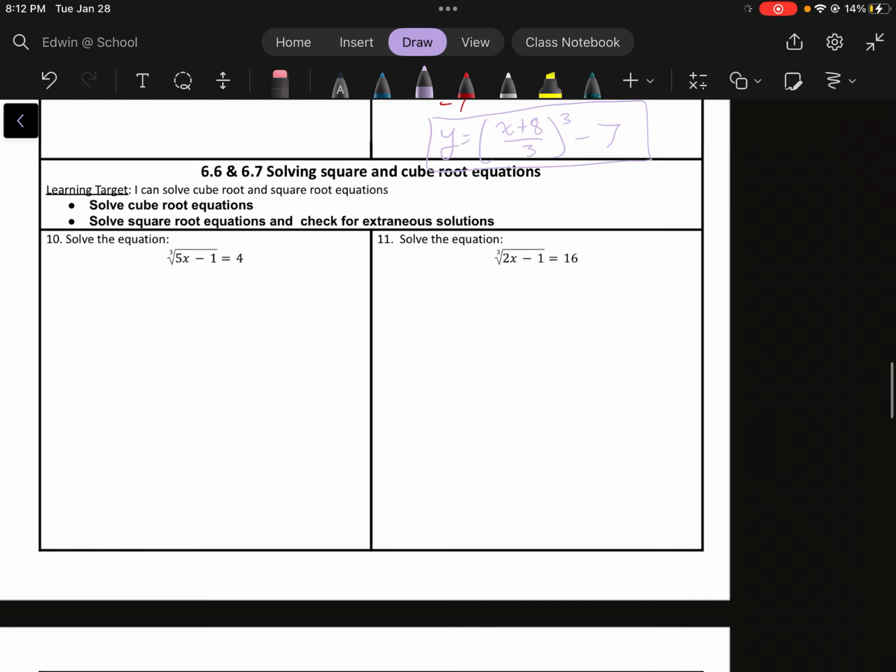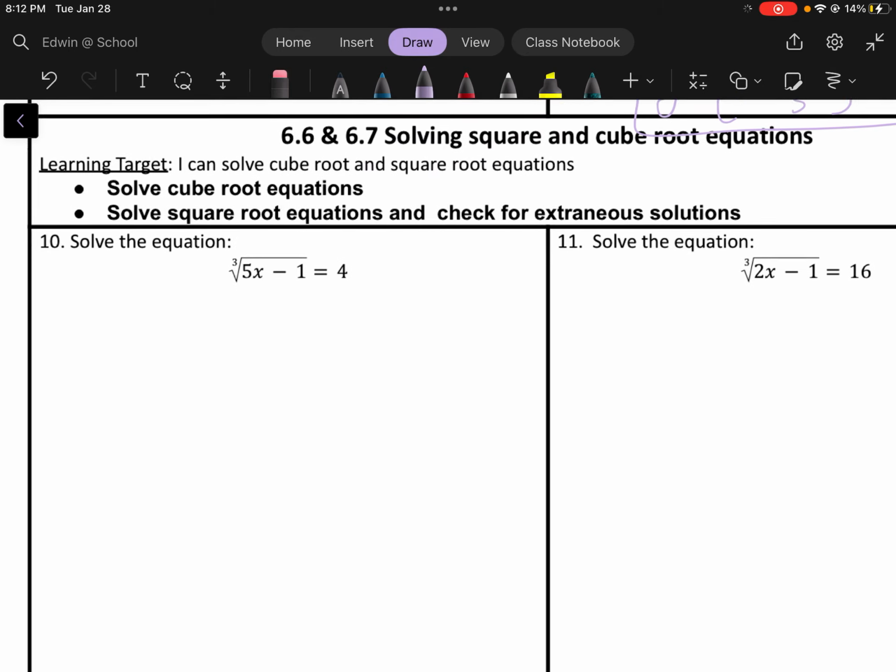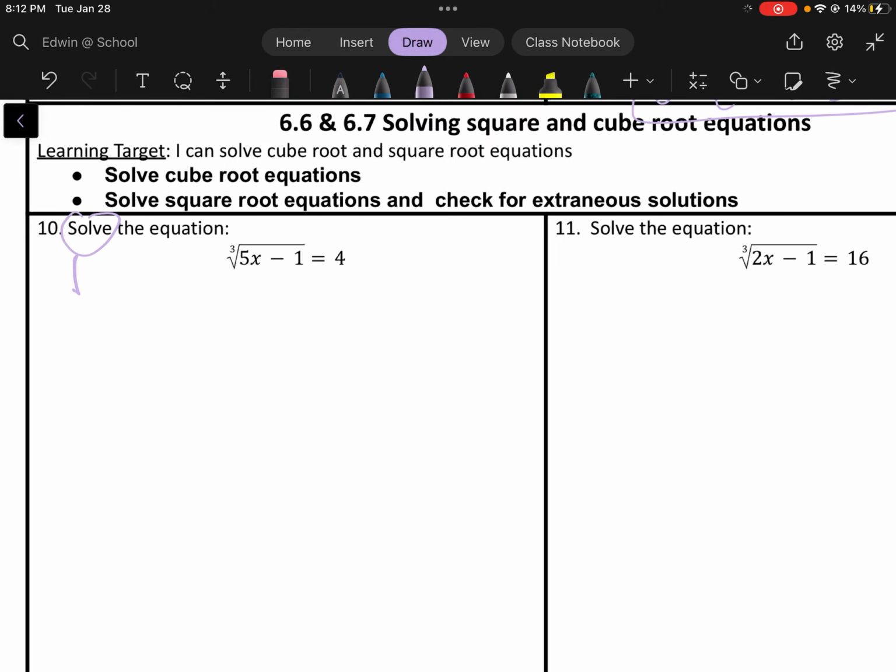Okay, next. I'm going to solve 2 questions from here so that we understand how to solve square root and cube root equations. Now, whenever we have solve, we're going to look for x. We want an answer of x equals. So the way that we do that is we're going to start by doing 3 steps.